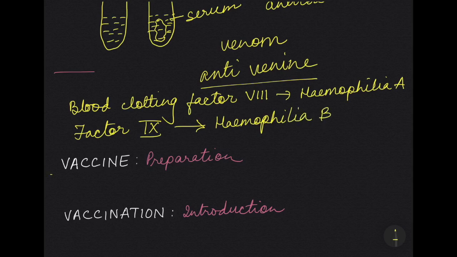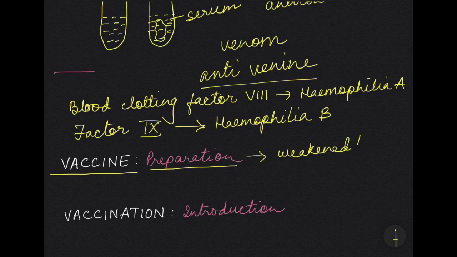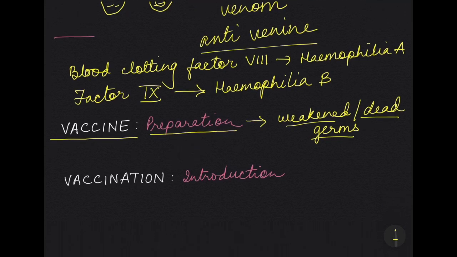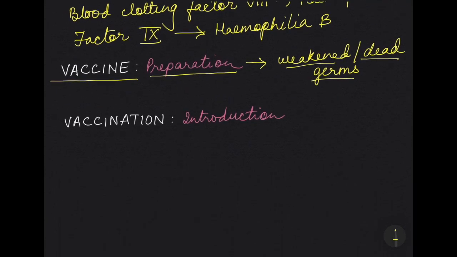Now moving on to vaccine. All of you have been vaccinated when you were small. Now when we talk about a vaccine, we are talking about a preparation which consists of weakened or dead germs. Actually, when you are vaccinated, what is put inside your body? Weakened or dead germs, so that your body can produce antibodies against these.